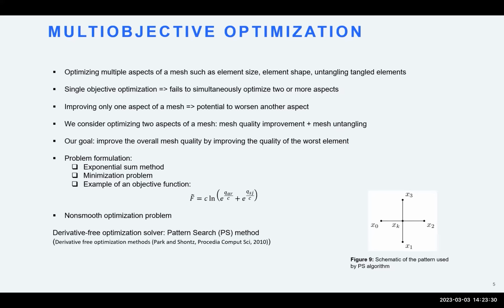Since it's a minimization problem, the solver evaluates the objective function value at those candidate locations, and then decides which of these 4 candidate locations and the current location has the minimum objective function value. Whichever location has that, it's going to choose that location and move on to the next node. It's going to repeat this for all the nodes in the mesh.